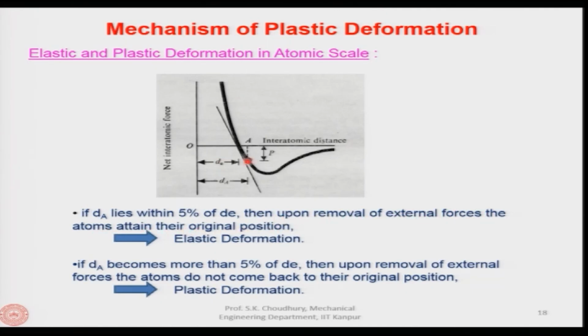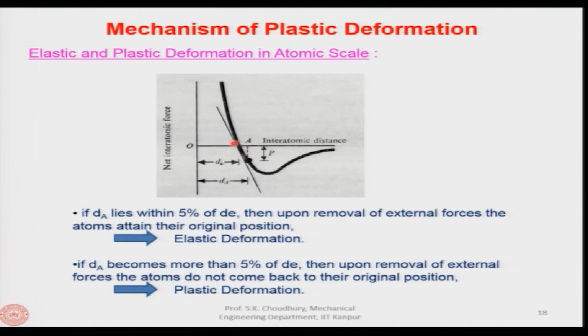Meaning that if it comes to this point and dA is less than 5% of the dE, in that case after removal of the force, the atom comes from this position to this position.